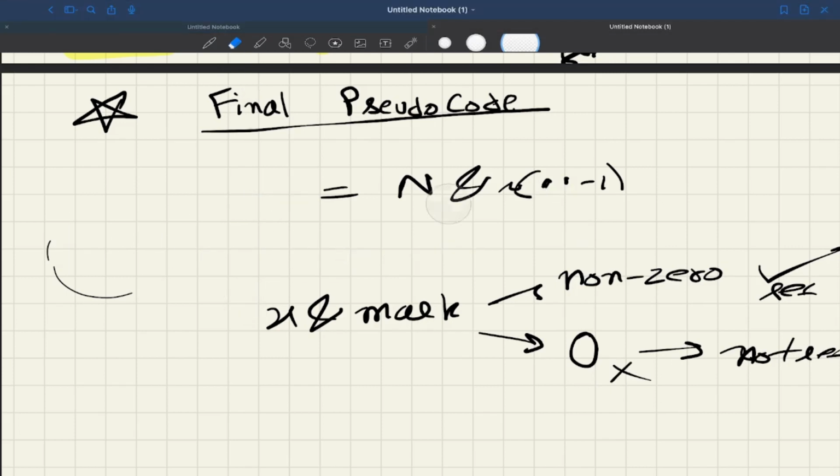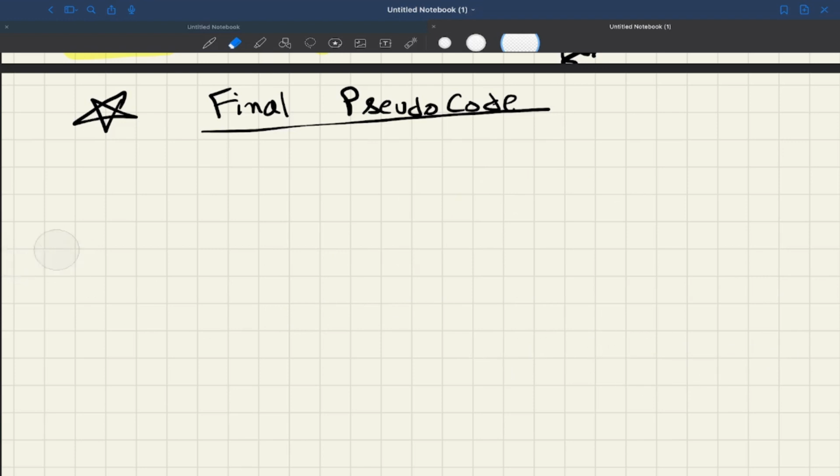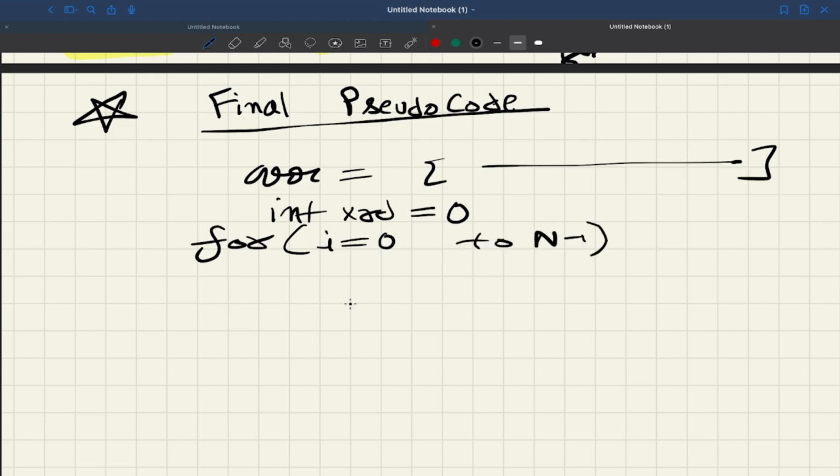Now let's write the final pseudocode. Let's say this is my ARR, which has all those numbers, from which I have to find those two unique numbers, right? So first of all, I'll run a for loop, and let's say I'll declare a Zord value, initialize it with 0, and I'll start my iteration from i equals 0 till n minus 1, and I keep on zoring all the numbers.